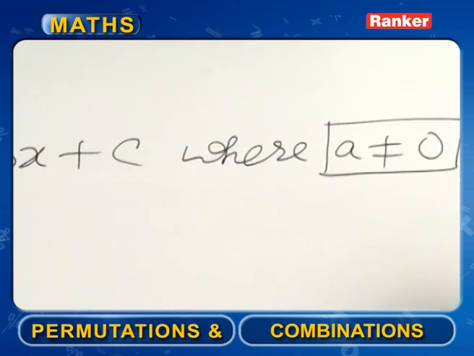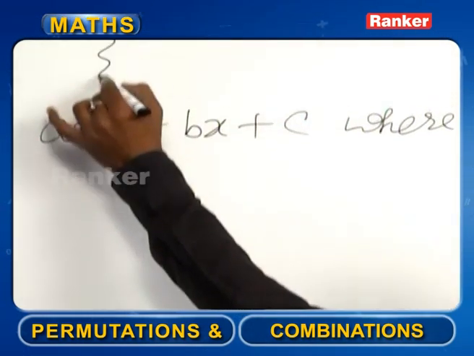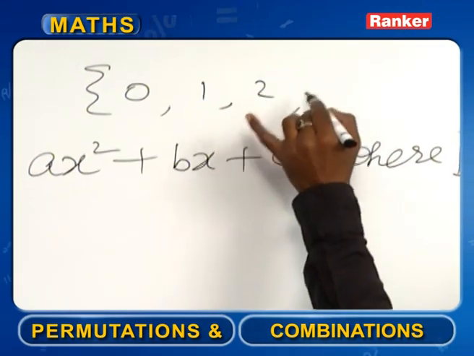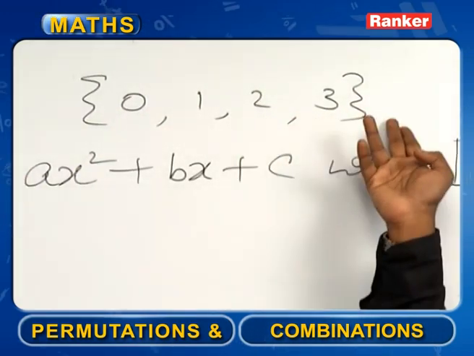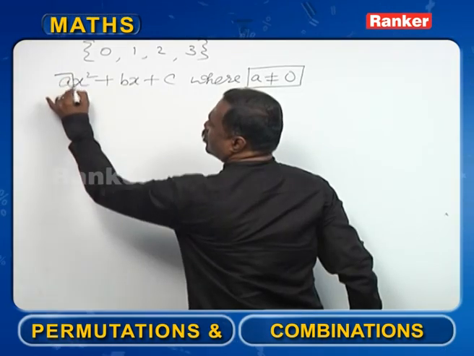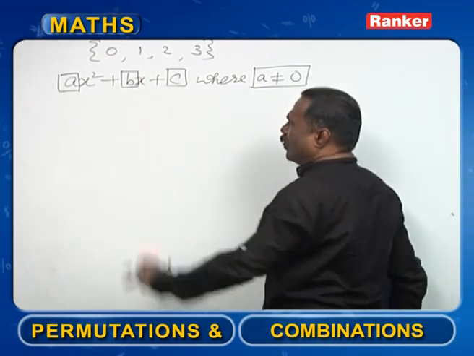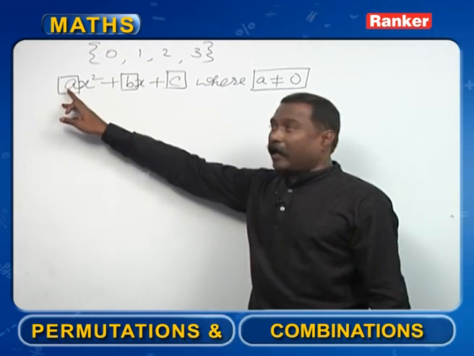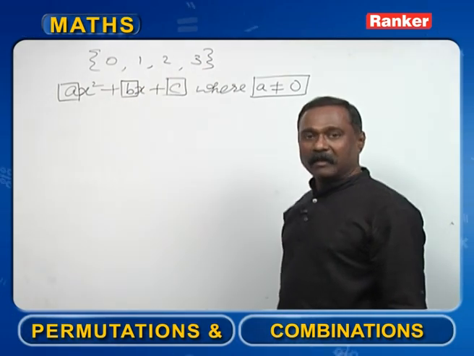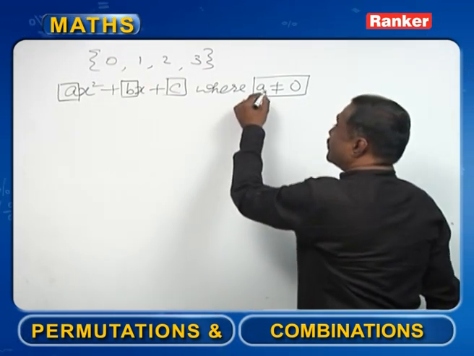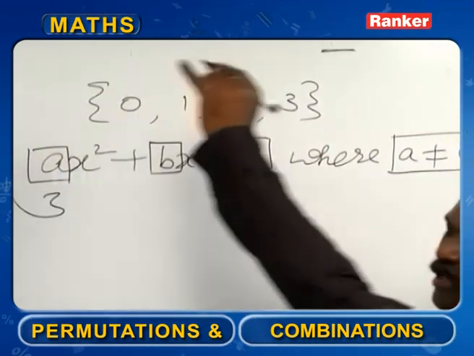And what is the set now given? The set given now is 0, 1, 2, 3. So how many digits do you have here? 4 digits. And how many places do you have? These numbers are to be given to a, b, c. In place of a, you have to write either 0 or 1 or 2 or 3. But as I already told you, a is not equal to 0, so it can be filled in only 3 different ways.